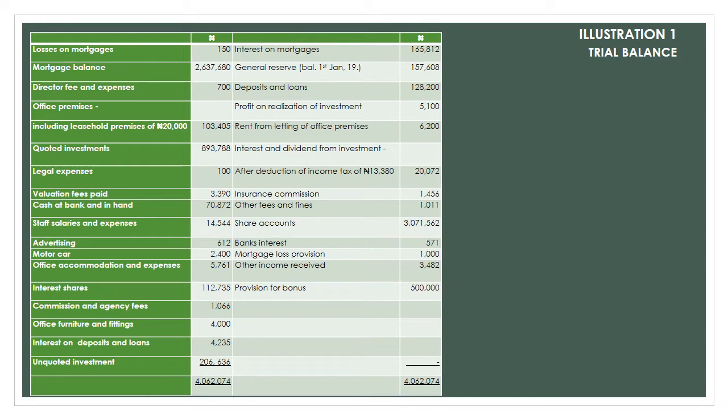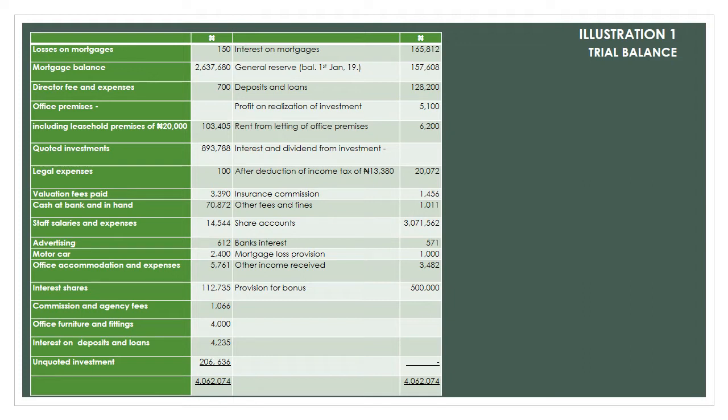The way it is being arranged in the question, even though it's supposed to be the left hand side is debit side, while the right hand side is the credit side. So any item you see on the debit side is either an expense or it's an asset, while those on the right hand side, which is the credit side, are income, liabilities, and capital in nature.